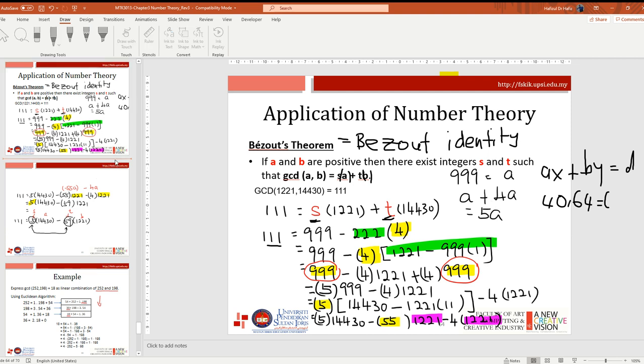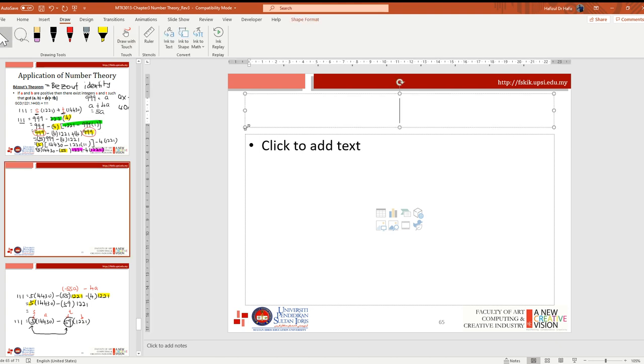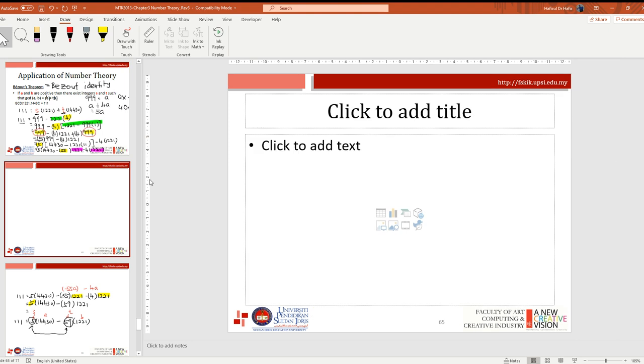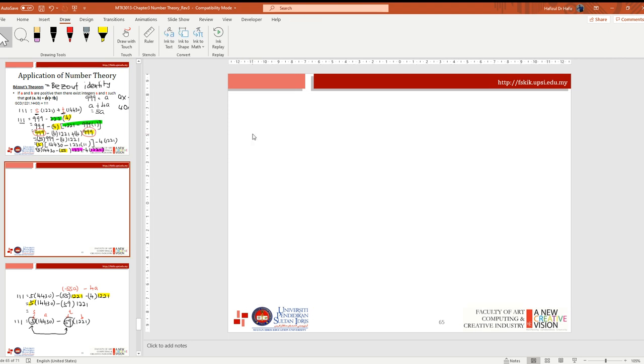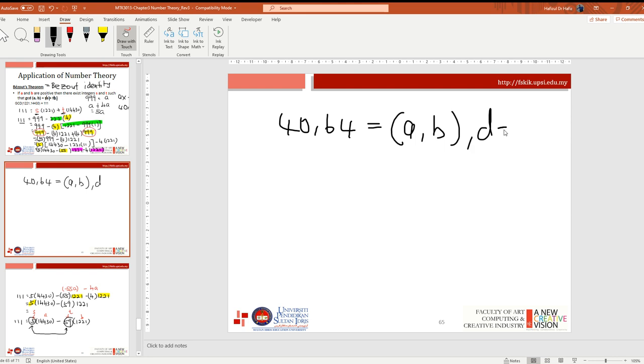Saya buat surat baru lah kot. Tak nampak. Okay, example simple: 40 into A, and 64 by 40.